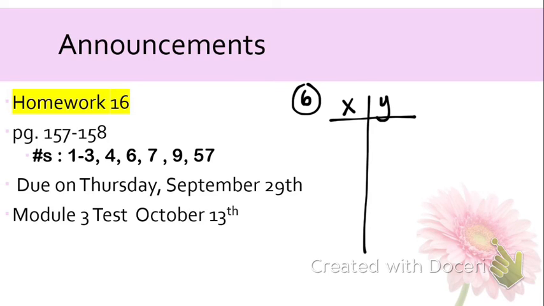That's why I want us to start it together. So number 6 is already set equal to 0. So now you're going to find the axis of symmetry.